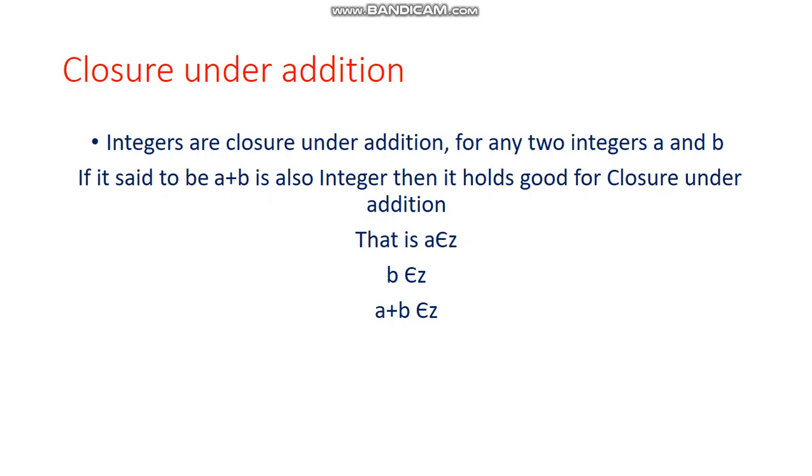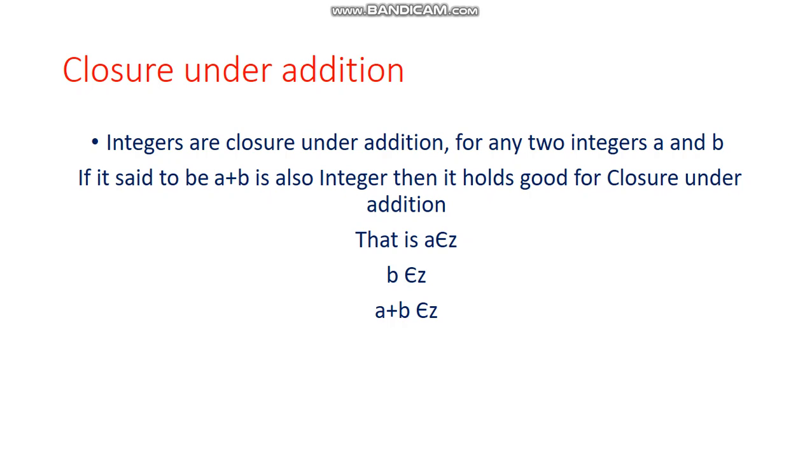The condition is, for any two integers a and b, the sum is a plus b. When we add two integers, we get another integer, which means it is closed under addition.